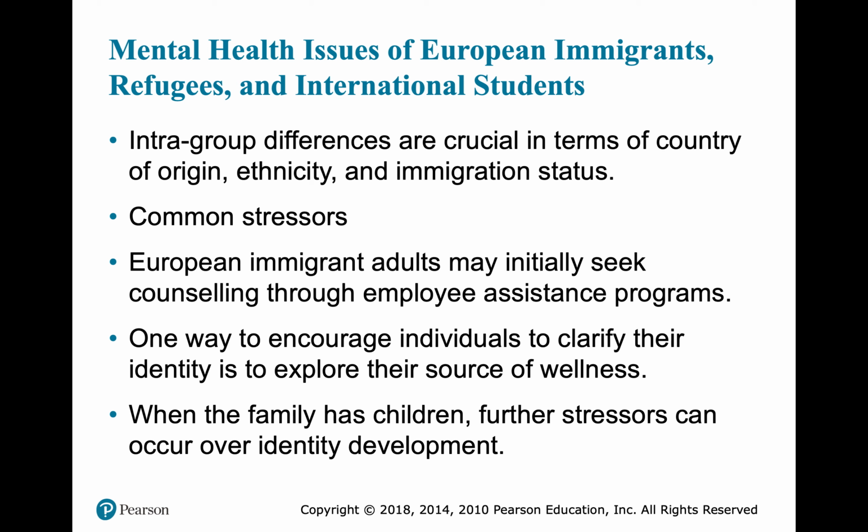When this happens, they might face a lot of self-esteem or self-efficacy threats. And one way to encourage them to clarify their identity, both within their home culture and the American culture, is to explore their source of wellness. So when the family has children, further stressors can occur over identity development as well.